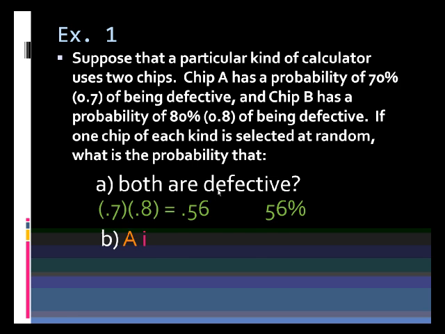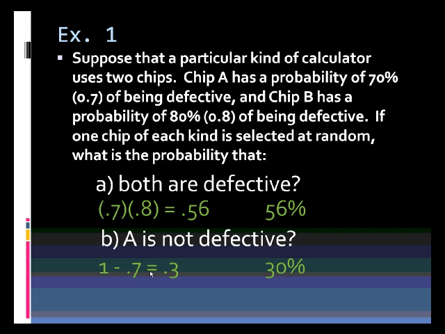All right. Now I want to find the probability that A is not defective. No, it's just asking, what's the probability that A is not defective? Just A by itself. 30%. How do we get that? Good. 1 minus, or 100% minus the probability that it is defective.